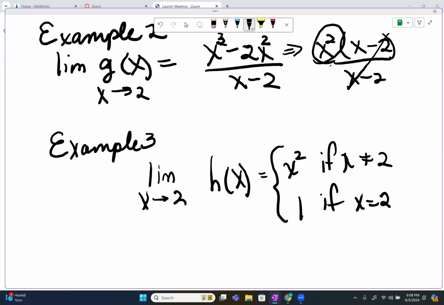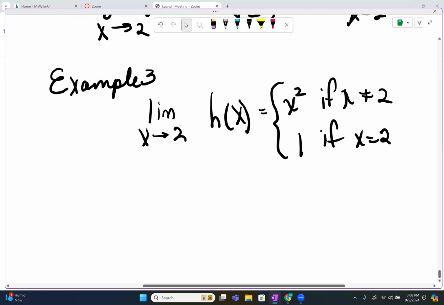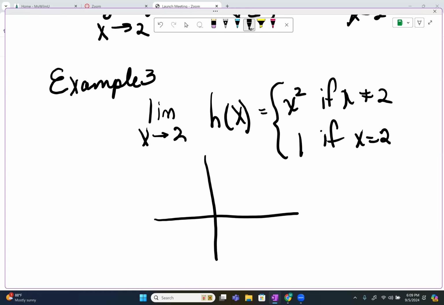So if you notice in this case, you have the same x squared. More than anything, get to know the semantics. You've got the system that goes like this. At x is 2, you've got a hole, and then it continues.